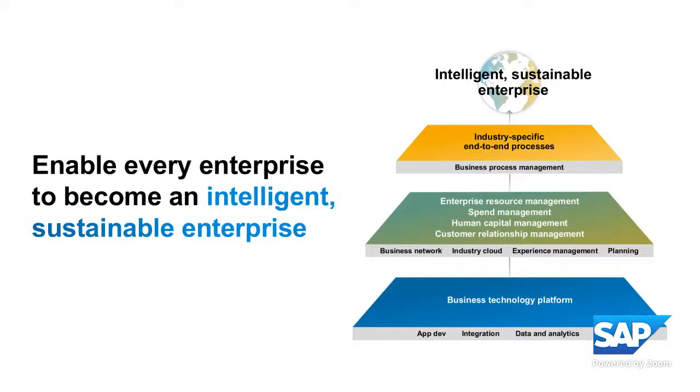If you're running CRM or customer relationship management, you need to do sales analytics in year. So you know how much you're selling this year, what the profitability is going to be, and looking ahead to next year, need to be able to do predictive analytics on what your sales are going to be in future years. Those sales analytics come from the technology underneath, from Business Technology Platform.